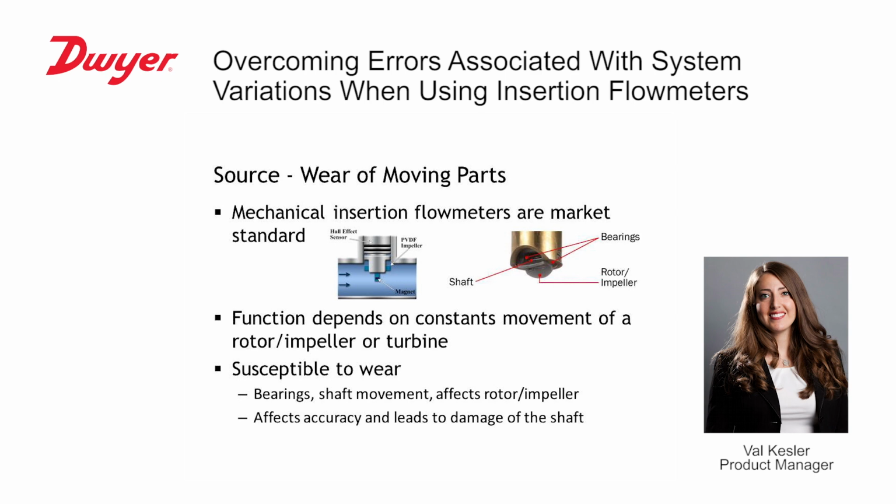What tends to happen is the bearings themselves, which hold the shaft in place, can create a gap, which then causes actual movement in the shaft itself. That shaft in turn will cause the rotor, the impeller, the turbine to move, and that will not only affect your accuracy, but long-term can lead to the rotor or the impeller itself to break or to fall off altogether.